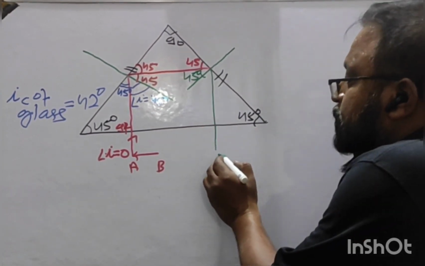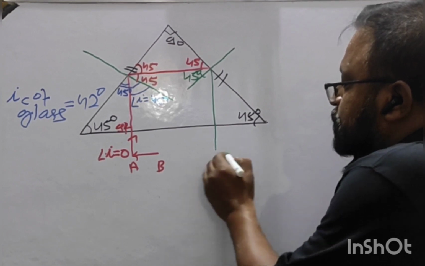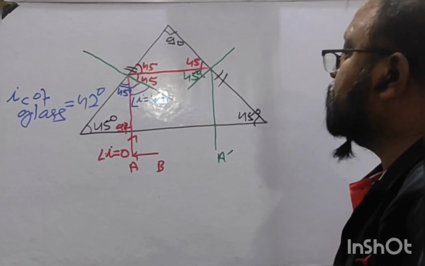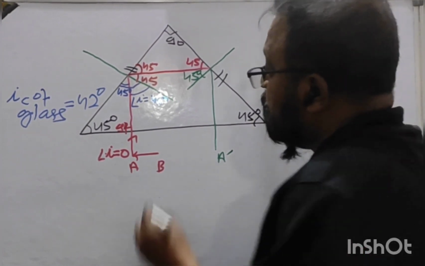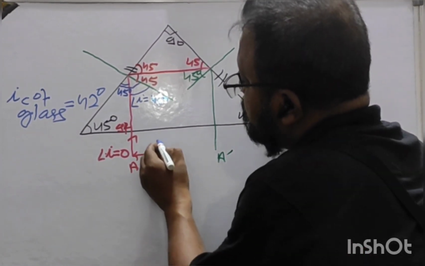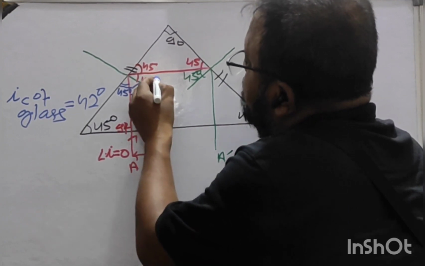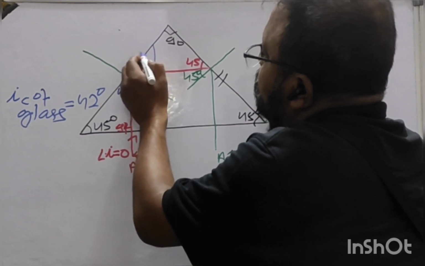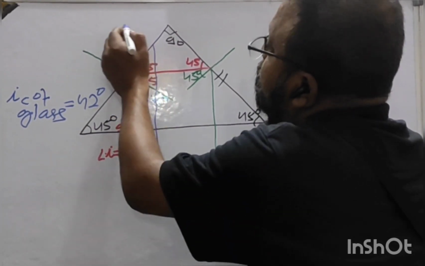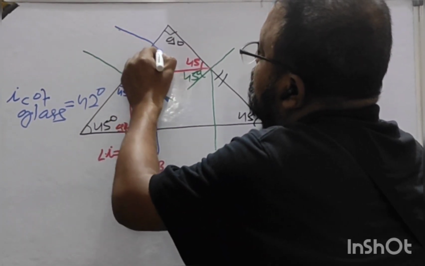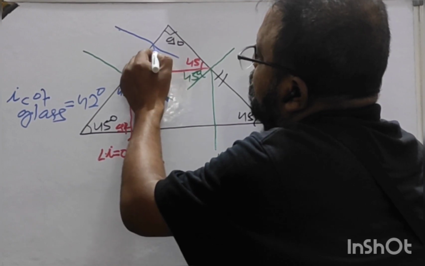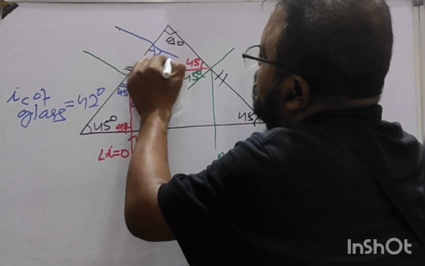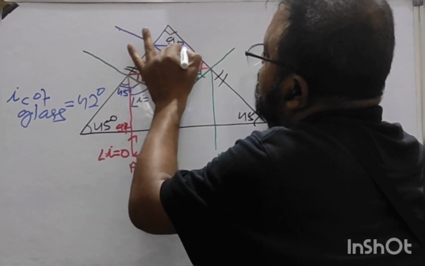This is the point A dash, right? Now similarly, in the same way, the ray goes straight like this. It hits here. This is the normal. So this angle will be 45, so this will be 45. So total internal reflection occurs. The light ray comes like this.